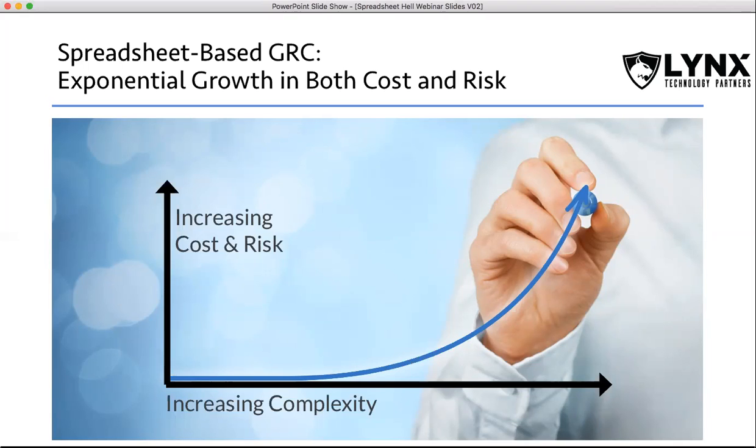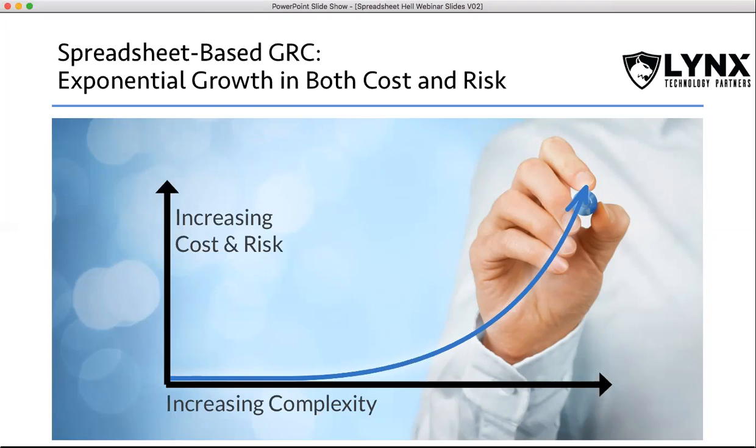But as I talked with customers and looked at the market, it became very clear that as we move beyond very basic GRC processes, the complexity increases, and with that complexity comes an exponential rise in cost and risk associated with using spreadsheets in a GRC environment.